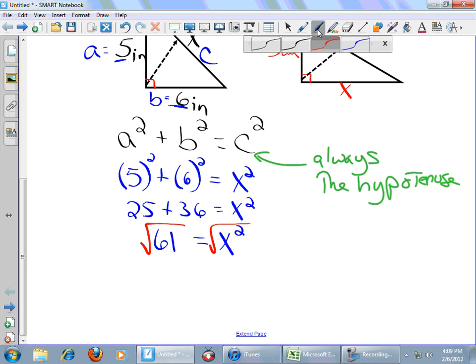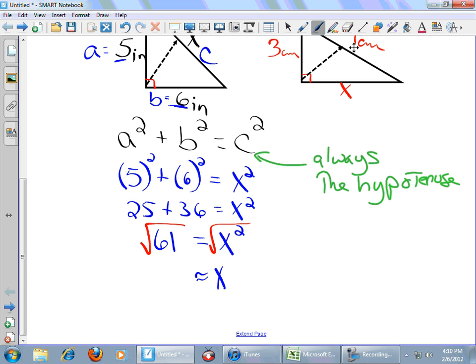Okay? So, the square root of 61, I know as a ballpark, is going to be a little bit less than 8 because 8 times 8 is 64. The square root of 64 is 8. This answer is going to be in the high 7s, maybe a 7.8, possibly. Let's see what happens.